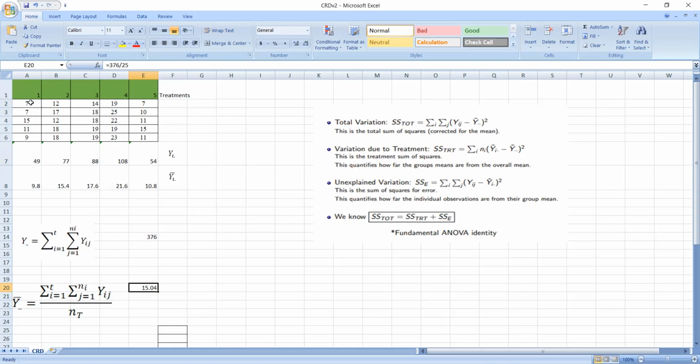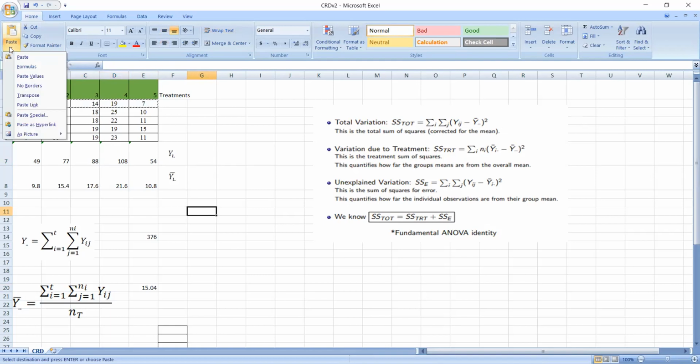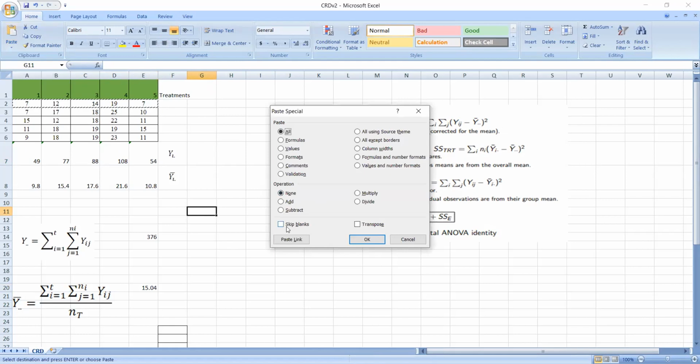So first I'm going to take these yij values. I'm going to copy them and put them into one column since that is easy for the calculations.